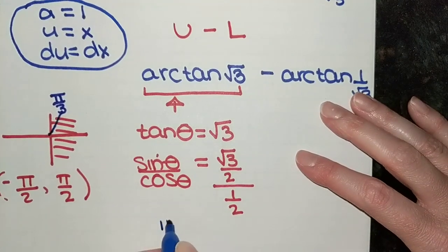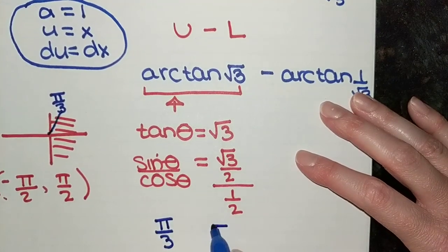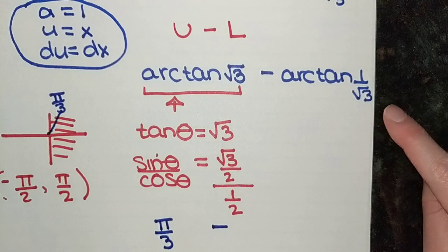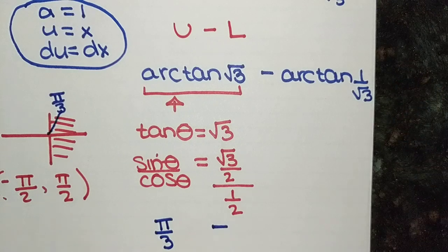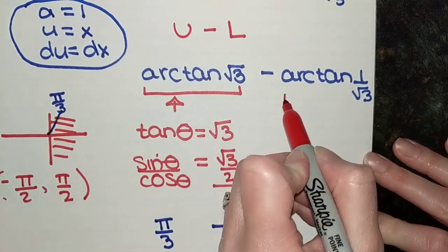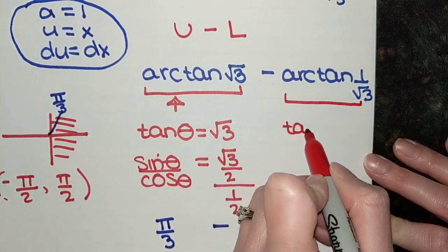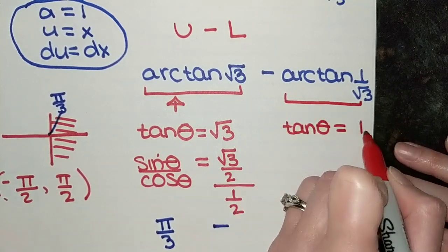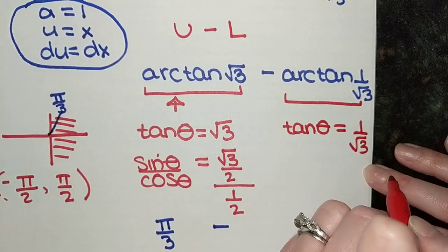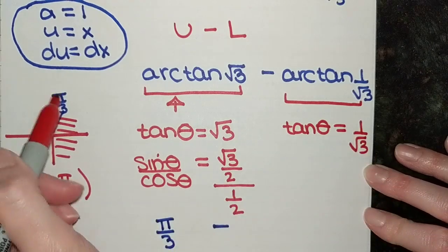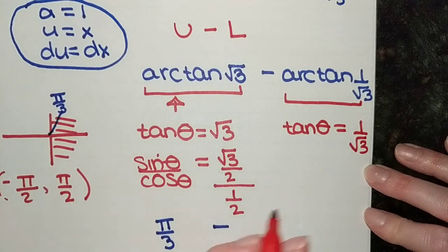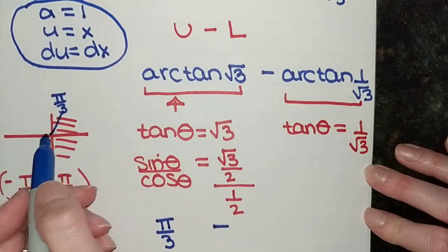So you'll have pi over 3 minus, and then you have to do the same thing for this arctangent of 1 over square root of 3. Probably the easiest way to do this is that if you are trying to find an angle where tangent theta is equal to 1 over square root of 3, that is just going to be, instead of a 60-degree angle, your 30-degree angle.